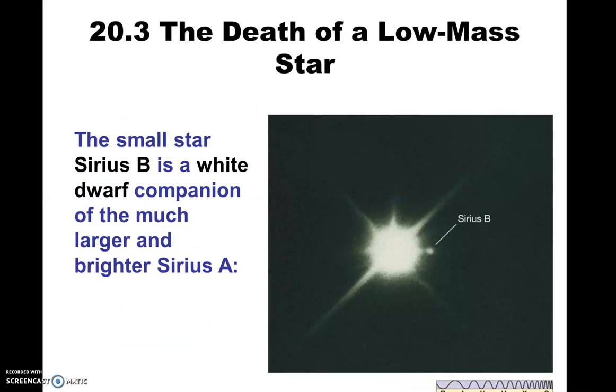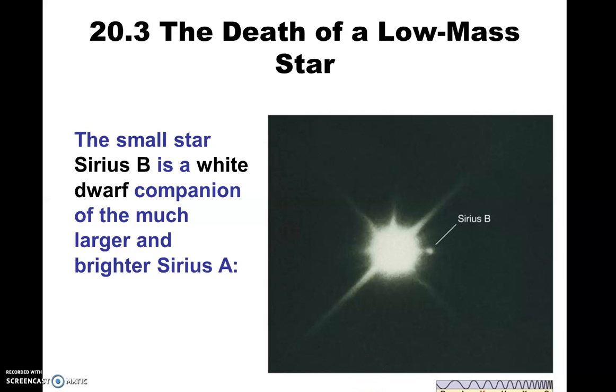There's an example around the brightest star in the sky, Sirius, which has another star called Sirius B. It's a companion star, and it is extremely hot.